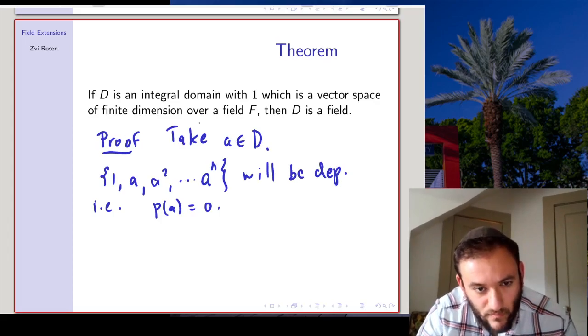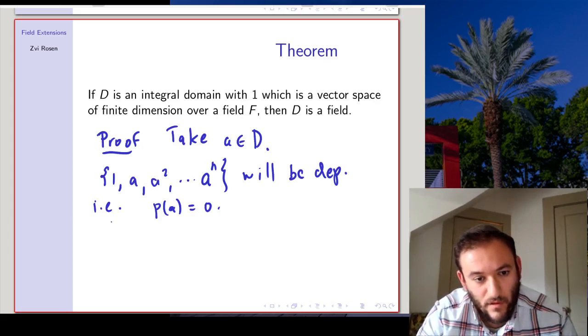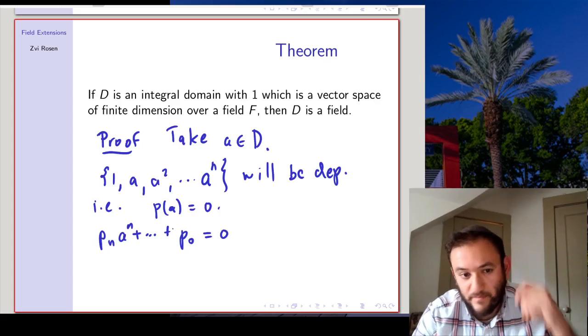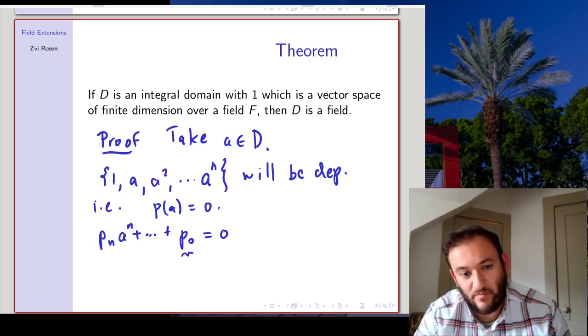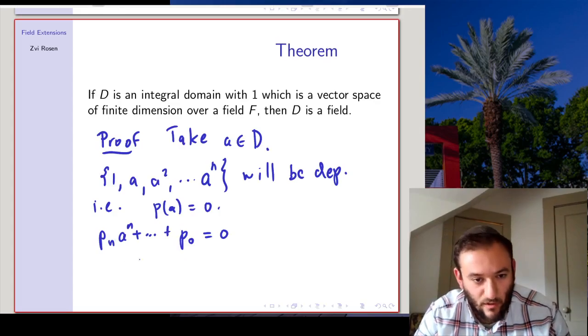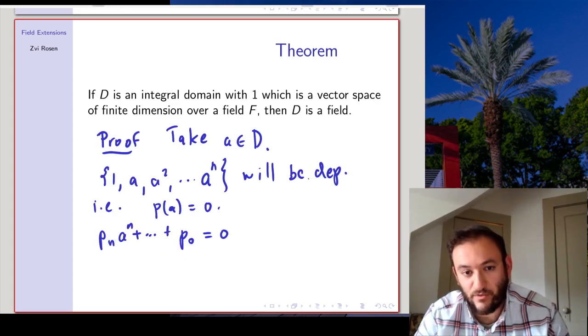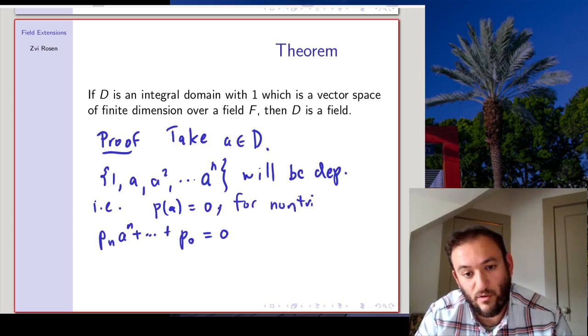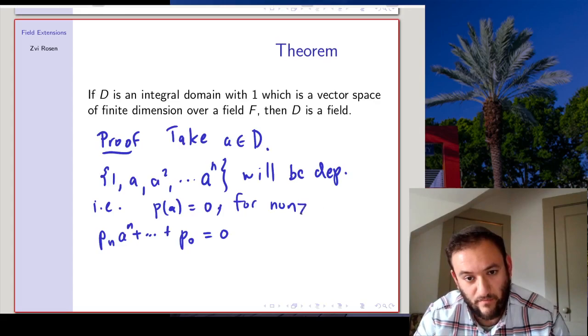If we write down the equation that this satisfies, it'll look something like P_n a to the n plus, up to, P_0 equals 0. We know that not all of these are 0 because this has to be a non-trivial, non-zero polynomial. Okay.